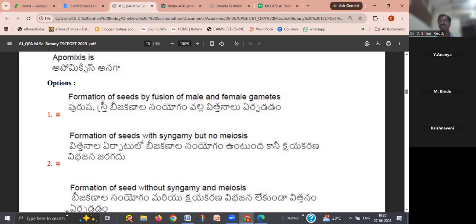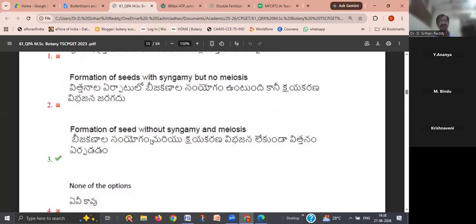Sometimes, as you may study in polyembryony, the integuments of the ovule and the nucellus also form embryos. So in apomixis, seeds are formed with embryos without syngamy and without meiosis. The right answer is the third option.